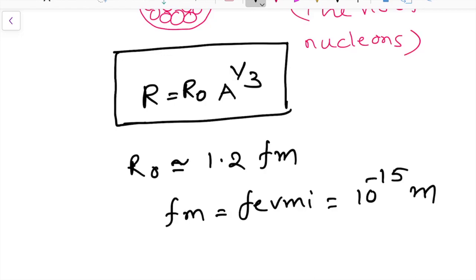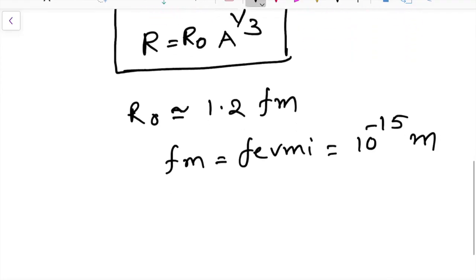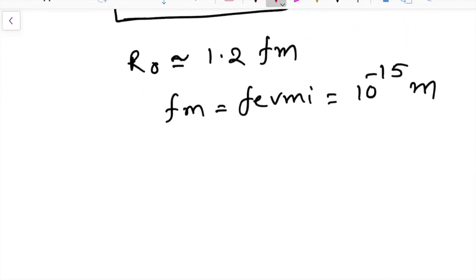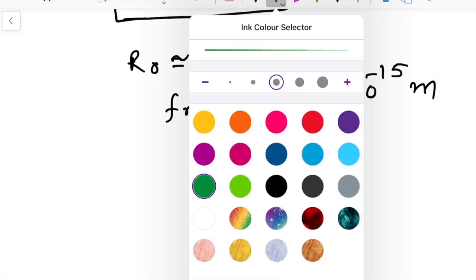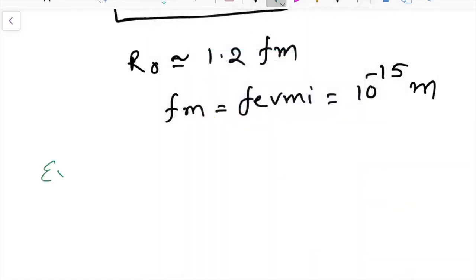Now suppose we want to calculate the size of the nucleus of the carbon atom. Let's take one example. The carbon atom contains 6 electrons and 6 protons, 12 C 6.